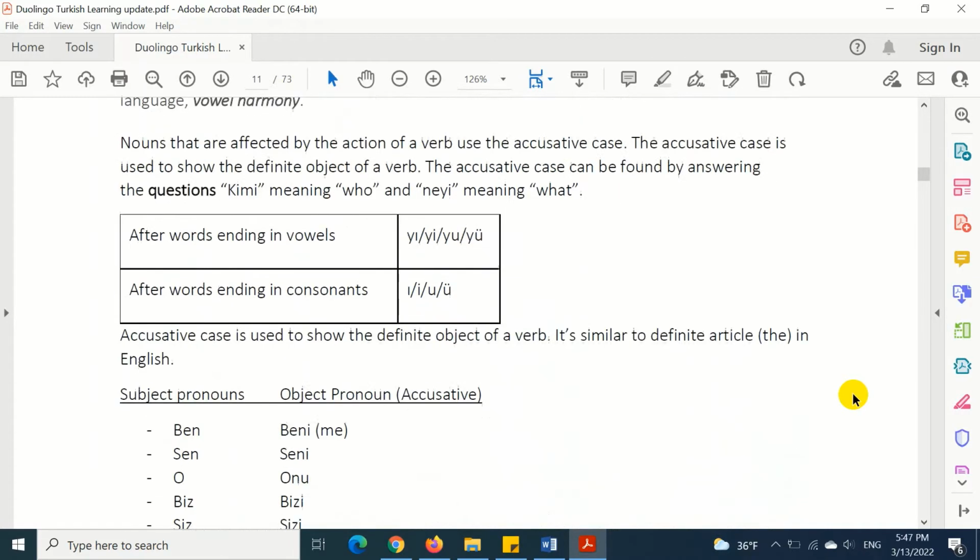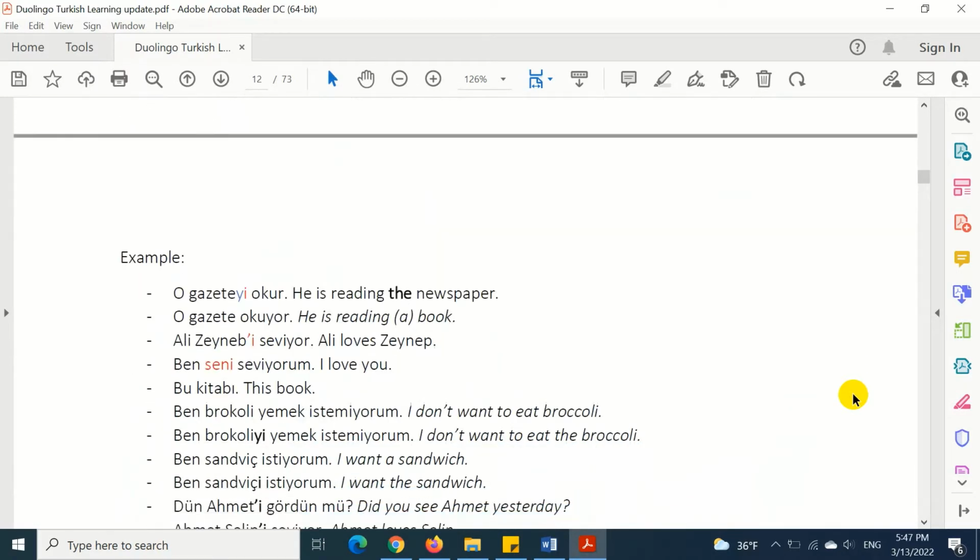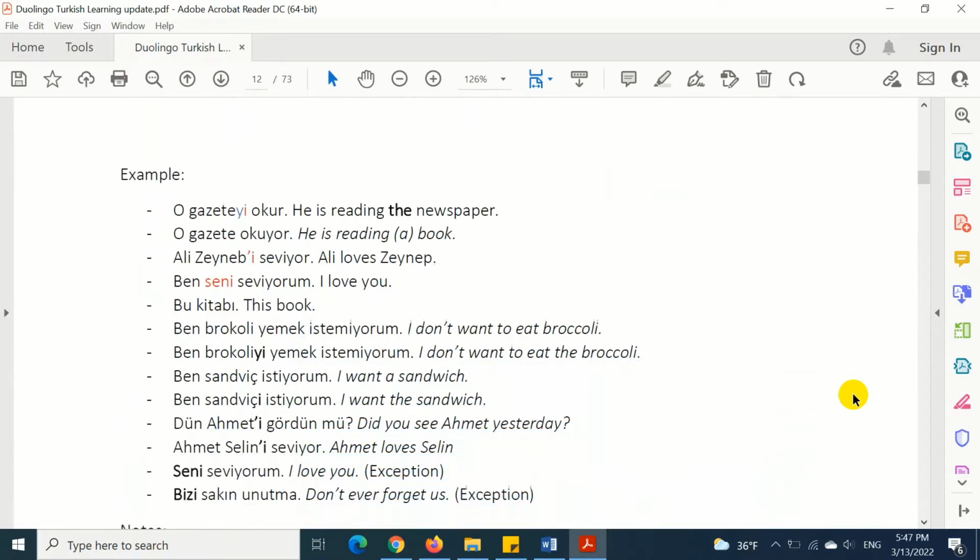Well, let's see some more examples here. O gazeteyi okur. He is reading the newspaper. It means i was added as a suffix to make this newspaper or gazette clear, specific. It means the specific, which is clear, which is a direct object, which the reader or the listener already knows.